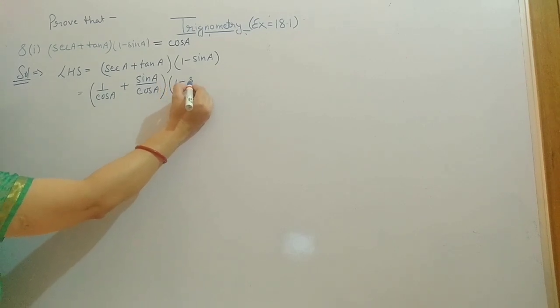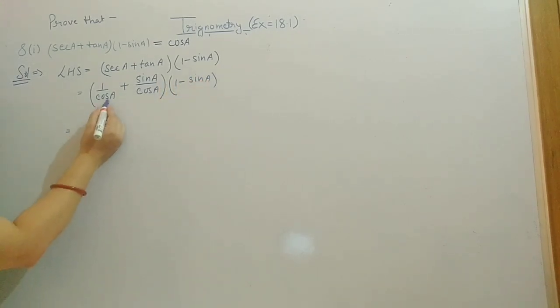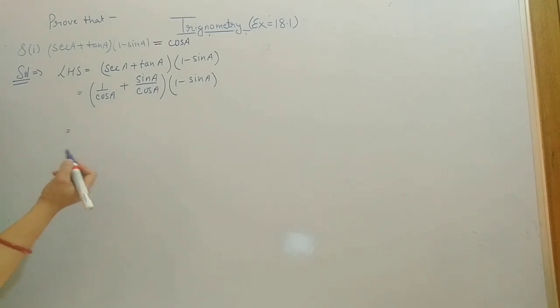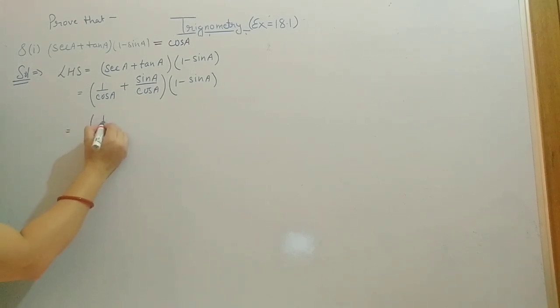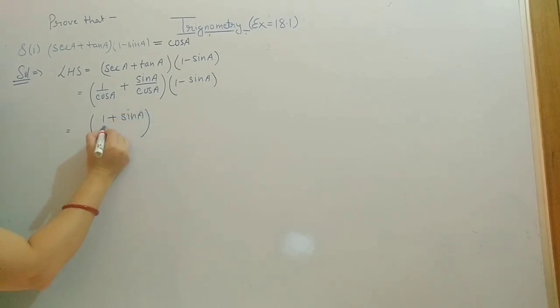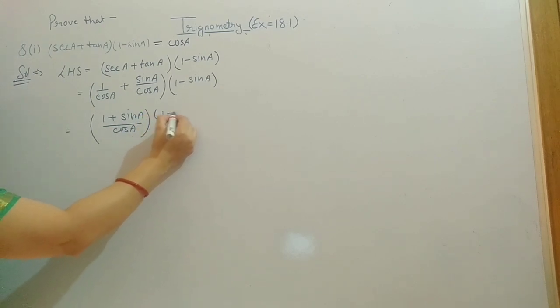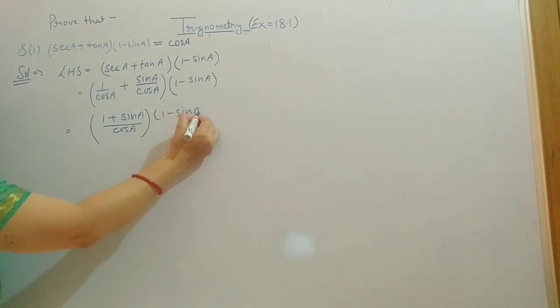Second bracket as it is, 1 minus sin a. Now in the first bracket the denominator is the same, cos a, so we can write it as 1 plus sin a by cos a. And in the second bracket we have 1 minus sin a.